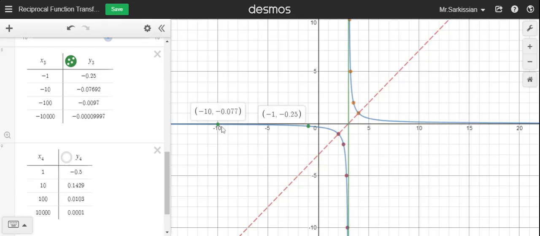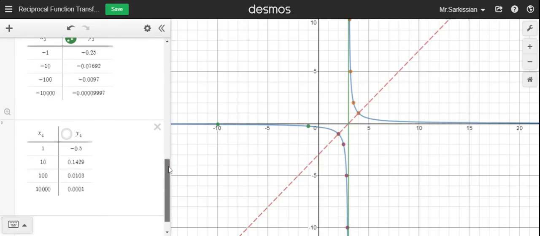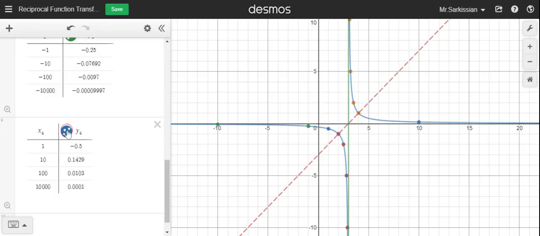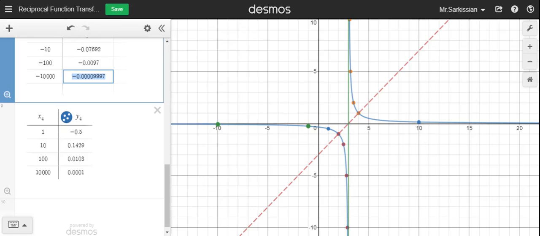And what happens on this other side, in this other table of values, if x is 1, 10, 100, 10,000? If x becomes larger and larger, and eventually approaches positive infinity, we see what happens to the value of y. The value of y gets smaller and smaller. Eventually, it approaches 0, but this time it's a positive 0. So this number here is close to 0, but it's positive. This number here is also close to 0, but it's negative.